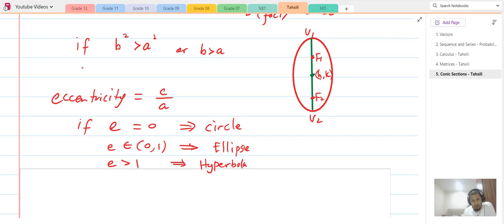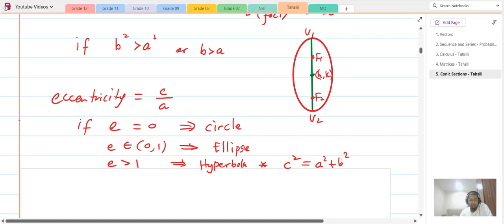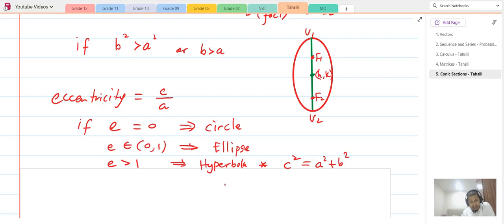So now for the hyperbola, we have a different formula for c squared. So c squared will become a squared plus b squared, okay? But for the circle and the ellipse, to find c squared, you're going to get a squared minus b squared. So that's important to note.